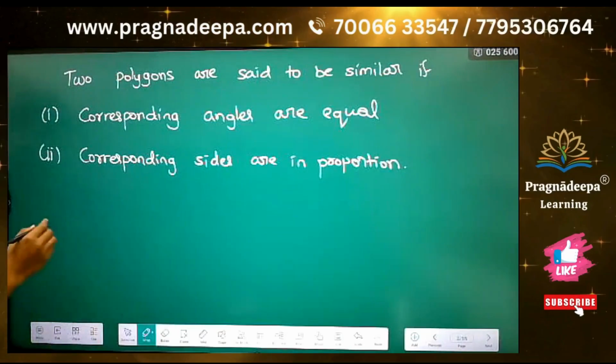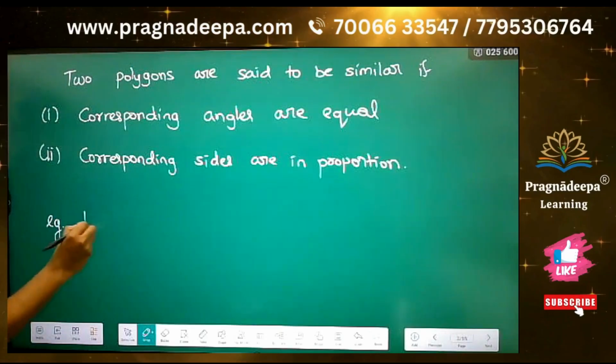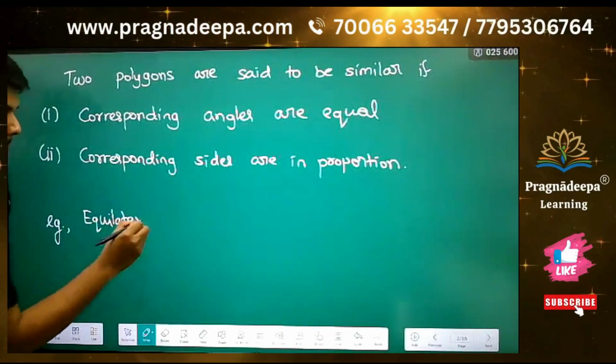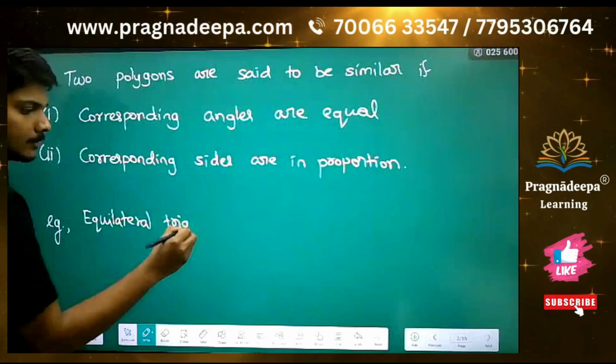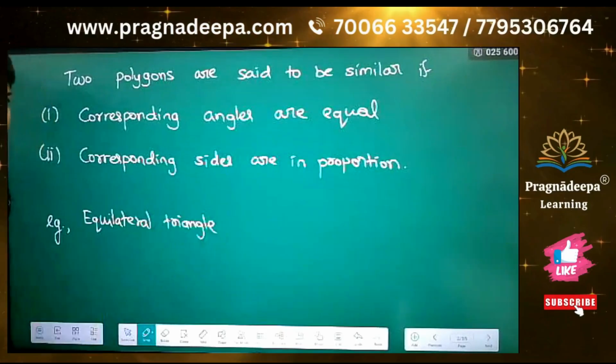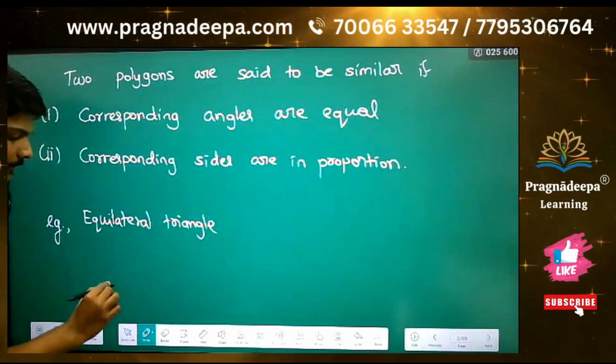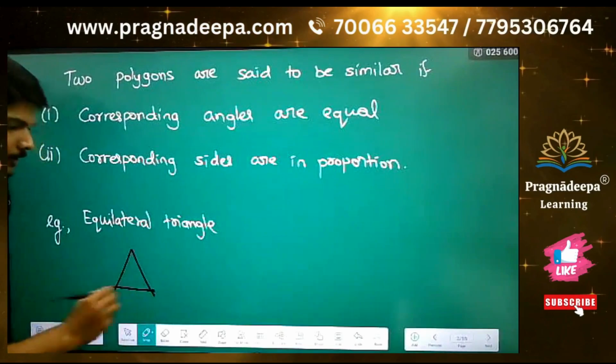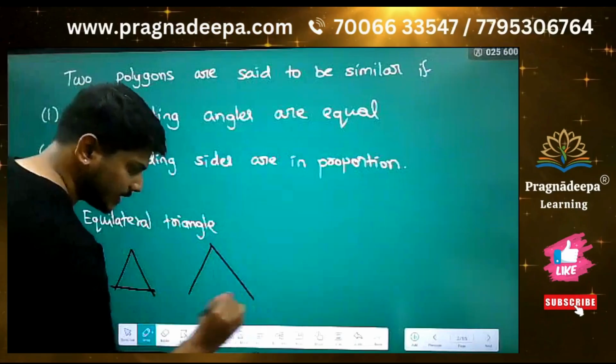For example, equilateral triangle. So let me consider an equilateral triangle of 3 cm and an equilateral triangle of 5 cm.